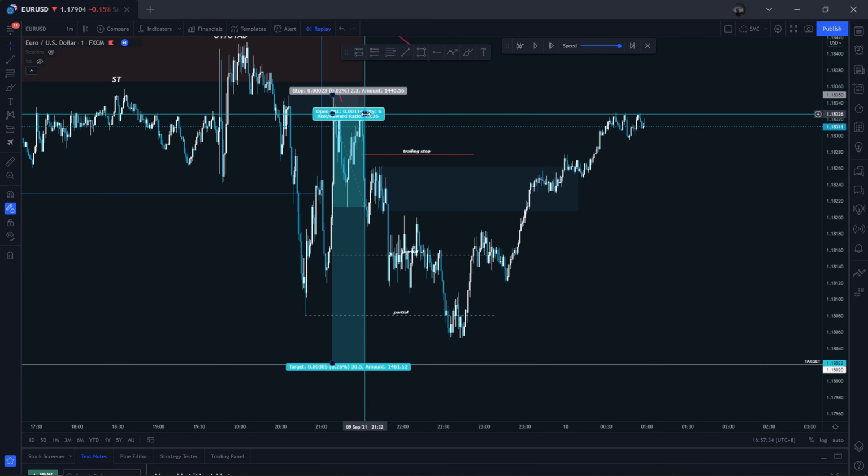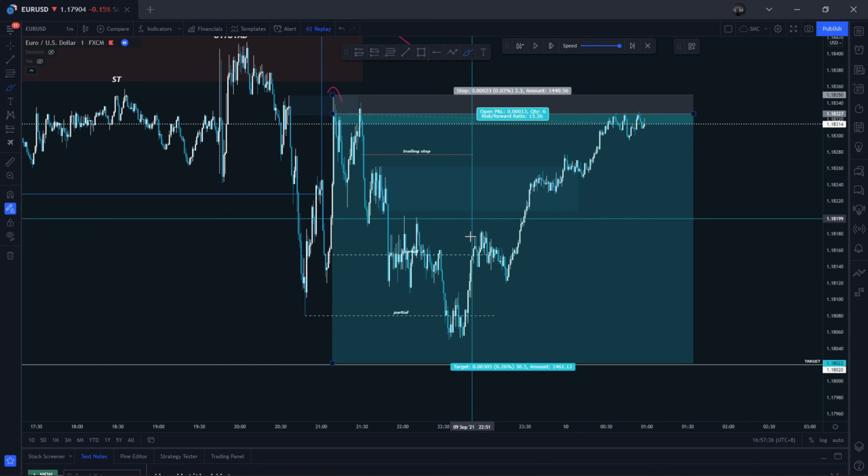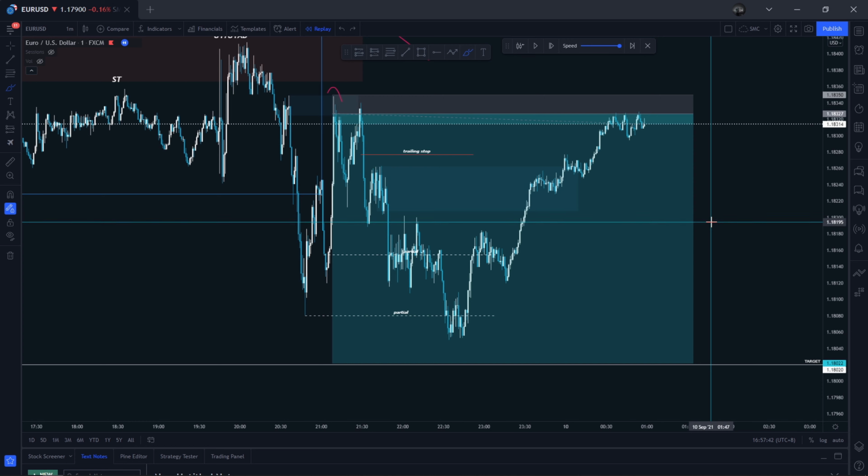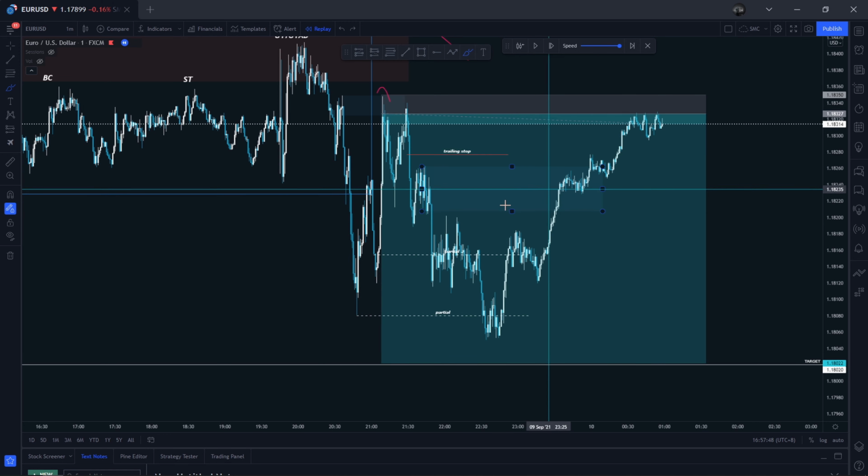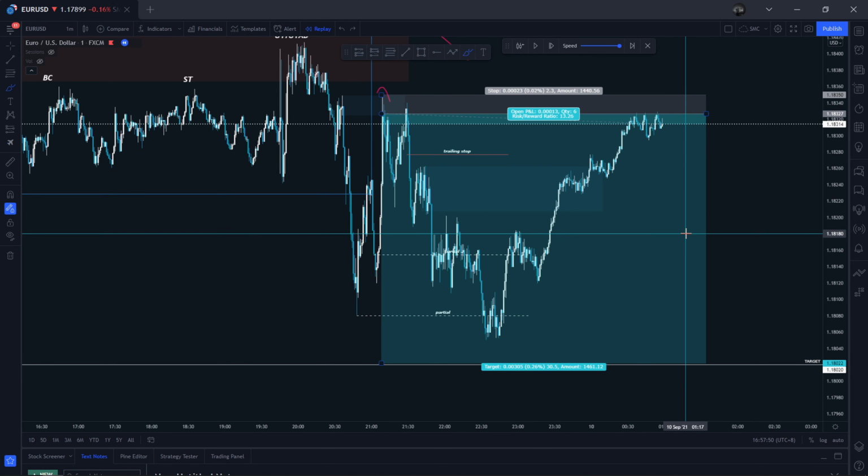So basically that's why I do partials and trail my stop, because if you have very high RR trades or high RR setups, your win rate can go dramatically down. If you don't partial and trail your stop, your win rate could be 20%.